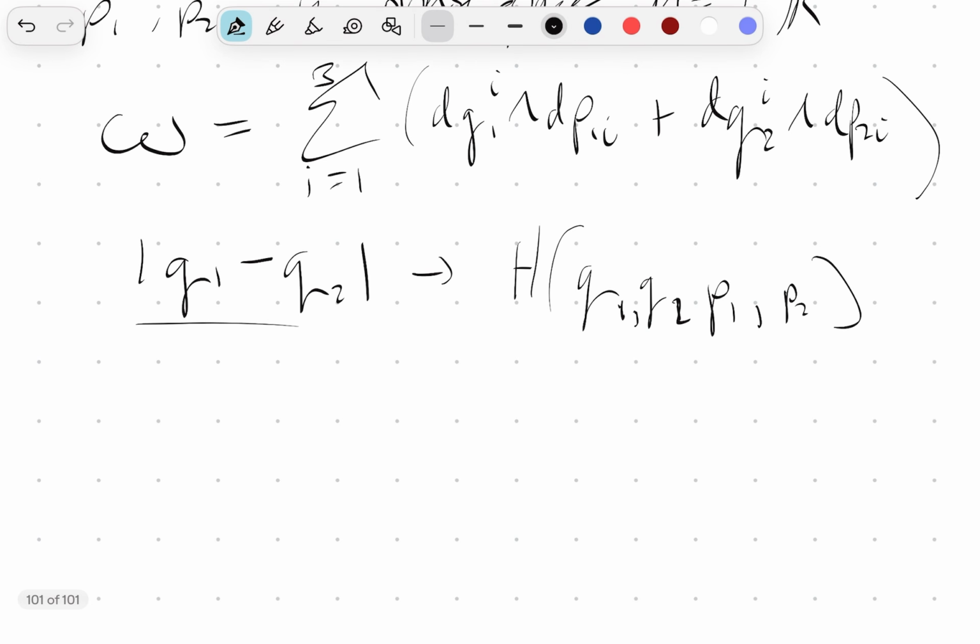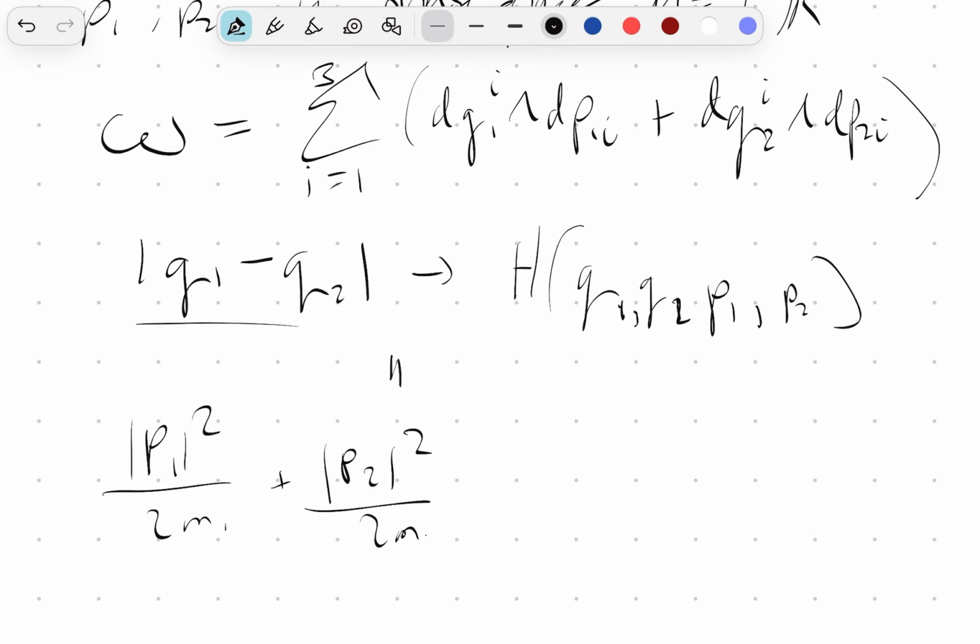Let's write it out fully. It's going to be the momentum squared for the first particle, basically the kinetic energy terms, the momentum squared for the second particle, plus the potential as a function of this central interaction.